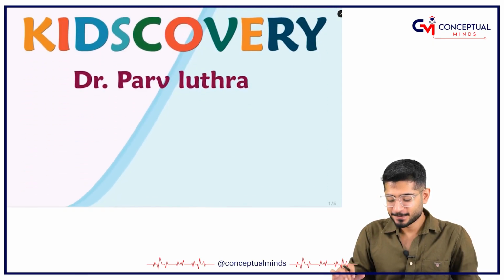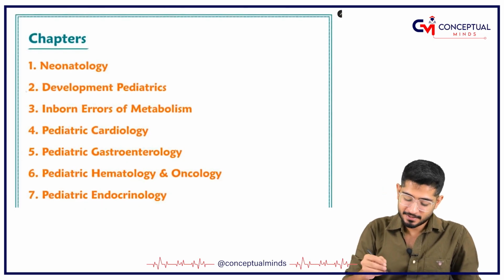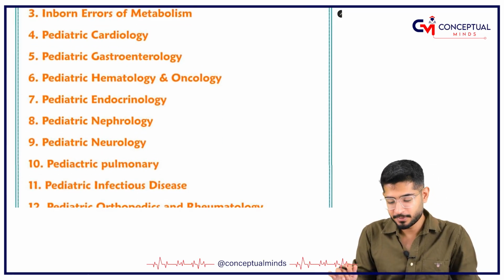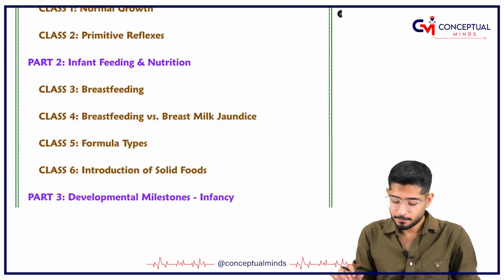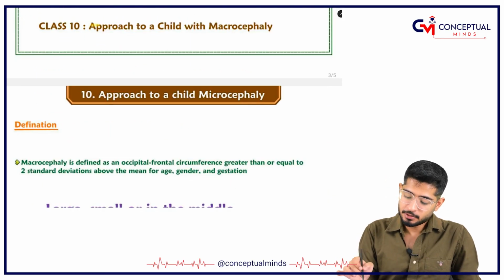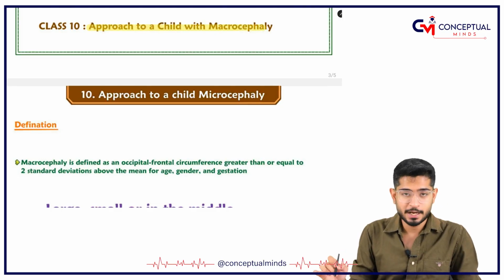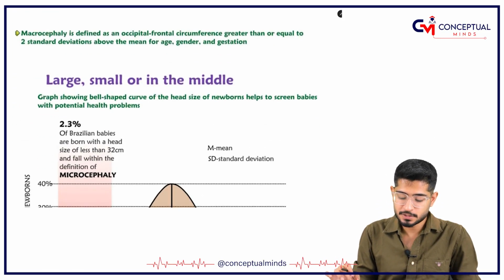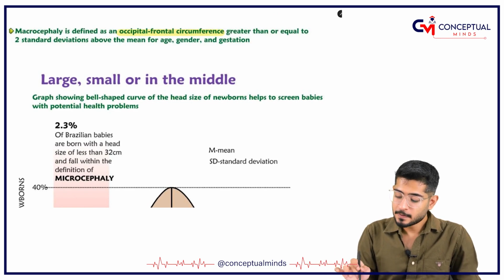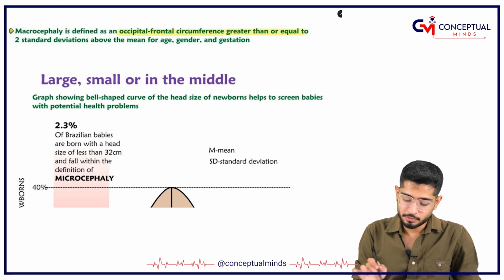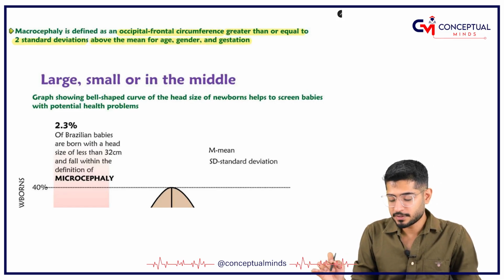This is going to be the last class for developmental pediatrics. Of course, I'll add and share some surplus videos, but now we are discussing the approach to the child with macrocephaly. What is the definition of macrocephaly? It is defined as occipital frontal circumference greater than or equal to 2 standard deviations above the mean for a specific age, gender and period of gestation.